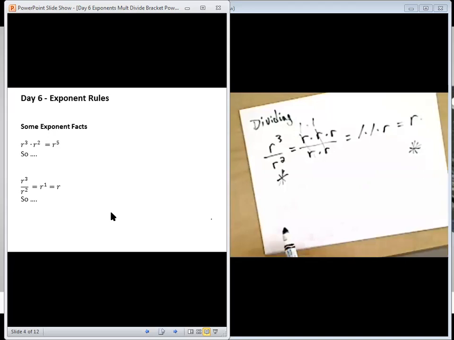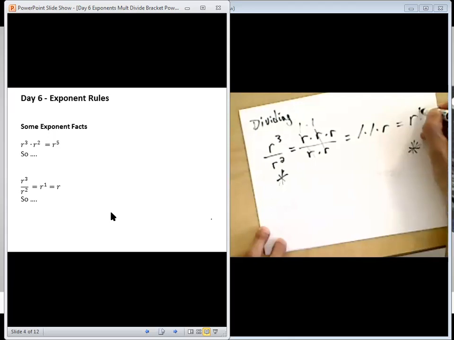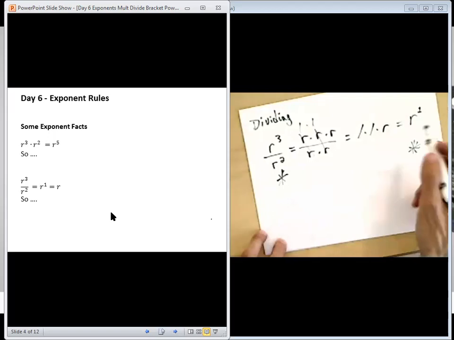Well, first of all, recognize this R on its own has an invisible 1 that is there. We don't usually write it. We just get lazy and leave it off. But for our purposes, let's make sure that we remember there's an actual 1 upstairs there.